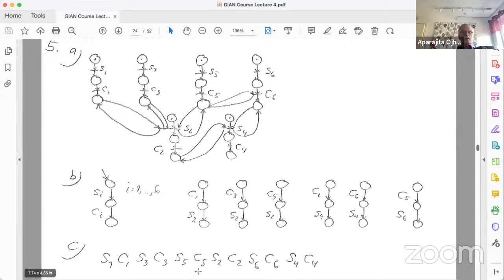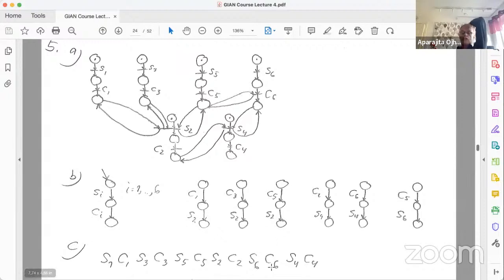And when all these have been in the completed state, you can execute S2 and also complete that. And then you have done enough to also execute operation 6. And operation 6 is a precondition for operation 4. So here the sequence is that we start with operation 1, 3, 5, and then 2, 6, and 4.